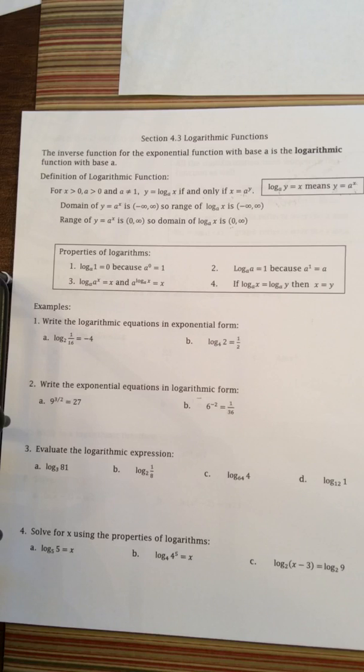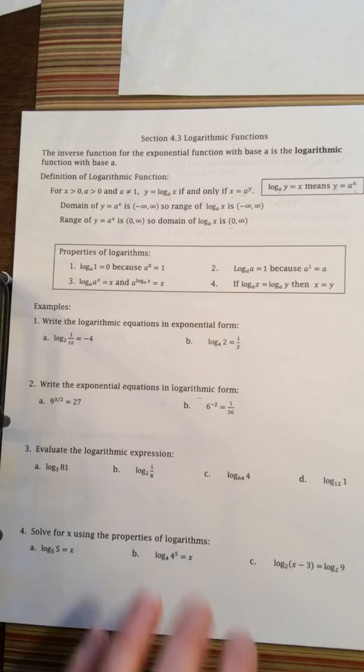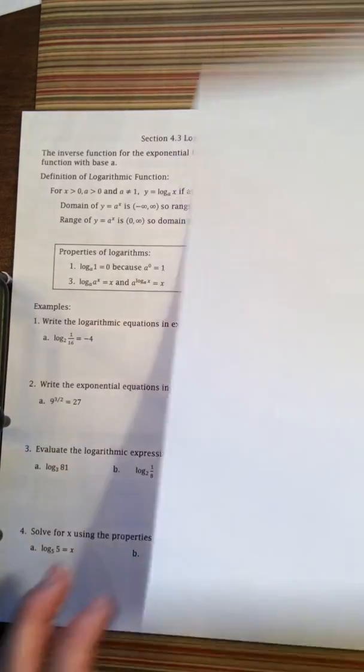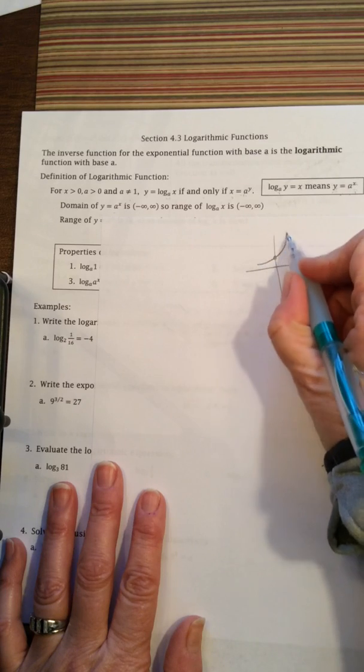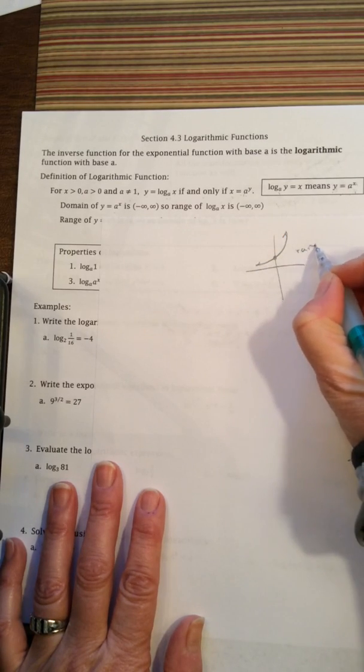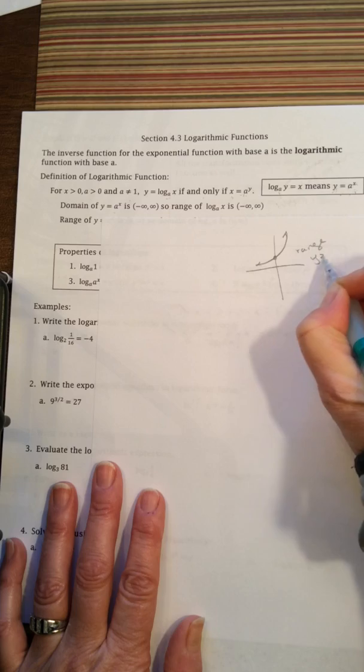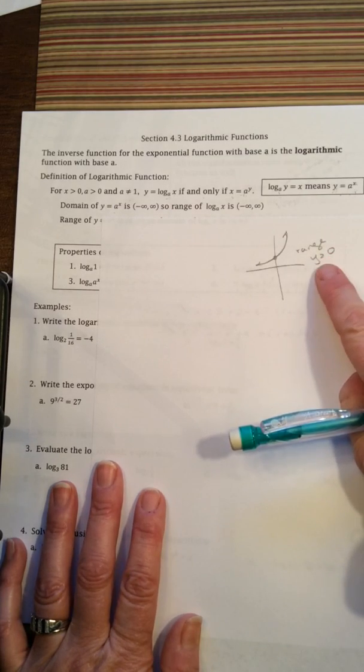So if you remember when we talked about inverse functions, the domain of one function was the range of the inverse and vice versa. So we know our exponential functions that we just talked about have a range where y is greater than 0.